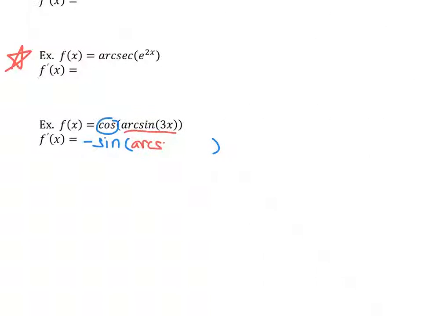Arc sine of 3x is my inner function, multiplied by the derivative of the arc sine of 3x. If you don't know the rule, this is not something you can do. All right, but we do know the rule, so we can do it. It's u prime over the square root of 1 minus u squared.